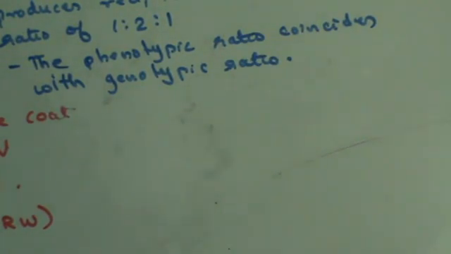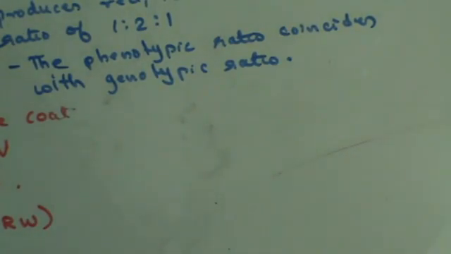F1 hybrids have roan color, that's a mixture of red and white color hairs side by side expressing both the traits equally. In the F2 generation, phenotypic and genotypic ratios are identical, suggesting again that both the genes are expressed equally.